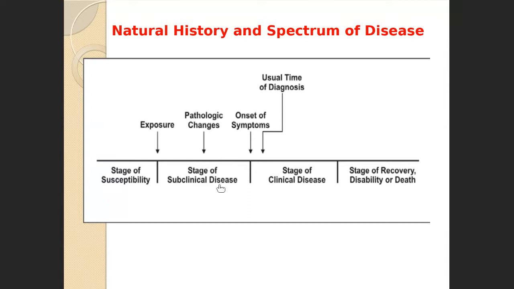Here there is no sign, no symptoms, but there is pathological changes. But still here there is no sign, no symptoms. While here there is sign and symptoms. And here is stage of recovery, disability or death.